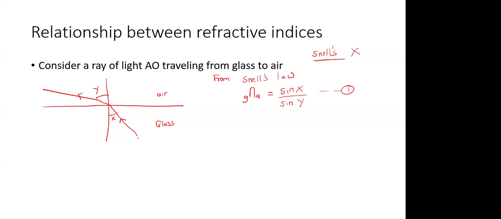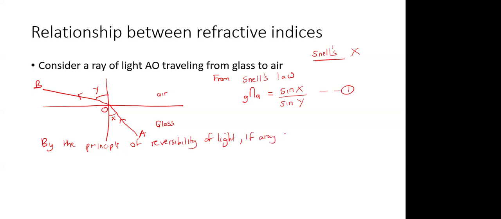Now, by the principle of reversibility of light, that principle we have just talked about. Initially, our light was moving from A, it went to O, and it went to B. But by the principle of reversibility, our light can follow another path.